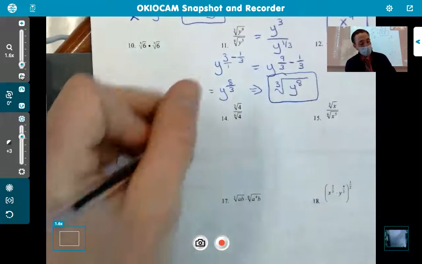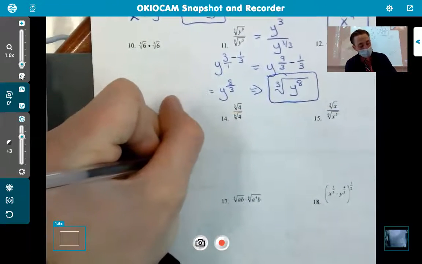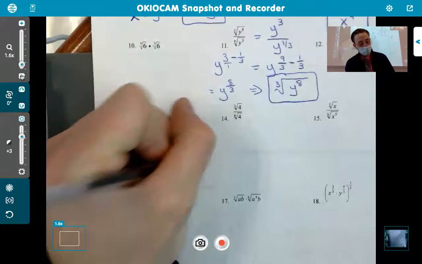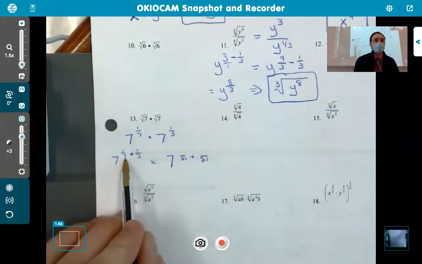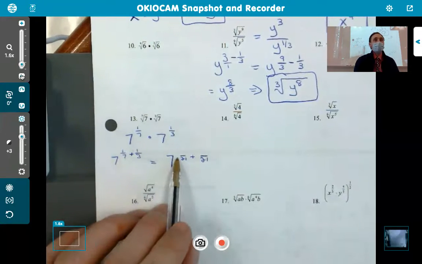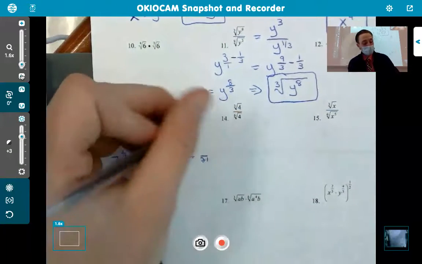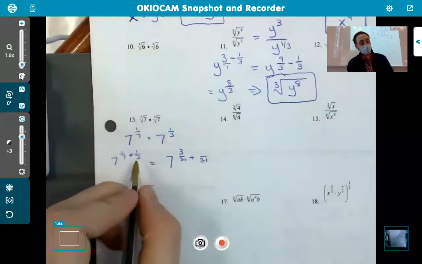Well, for that first fraction, what number do I multiply 7 by to get to 21? 3. I have to do that in my numerator. So 3 times 1 gives me 3.